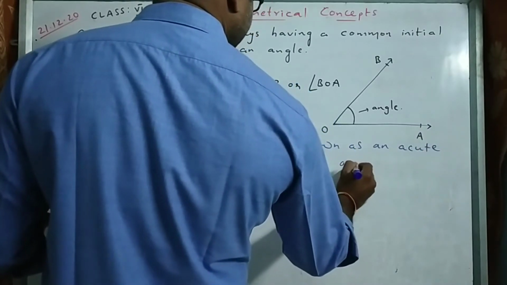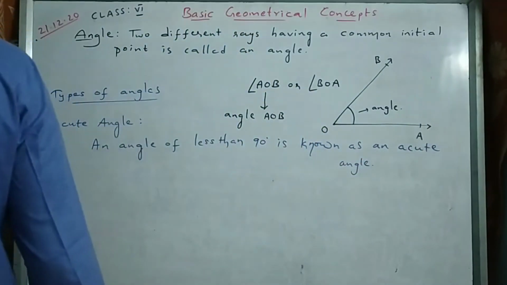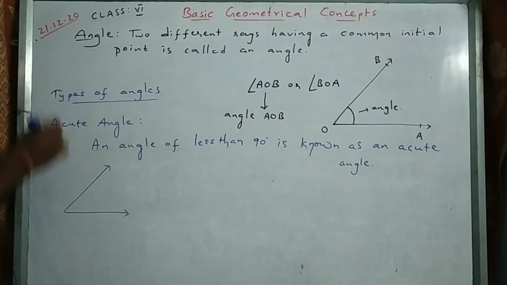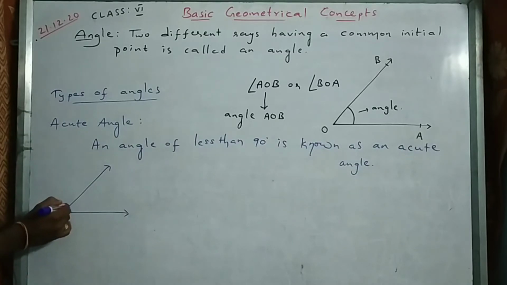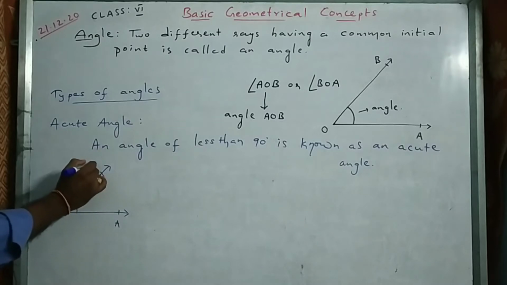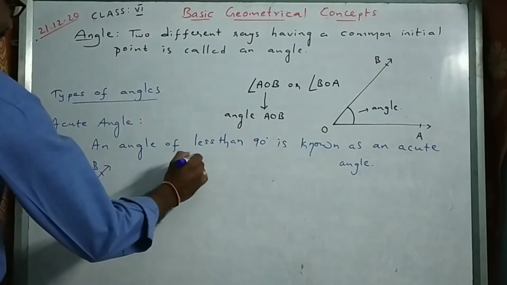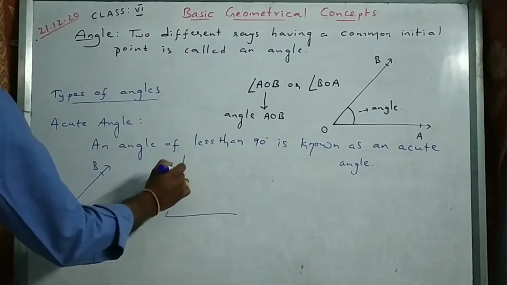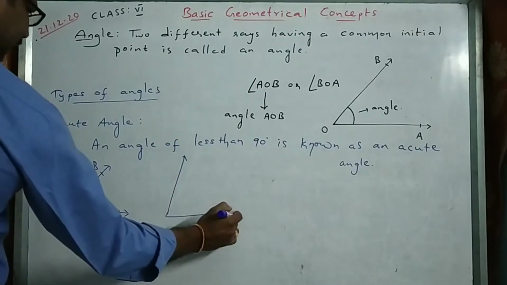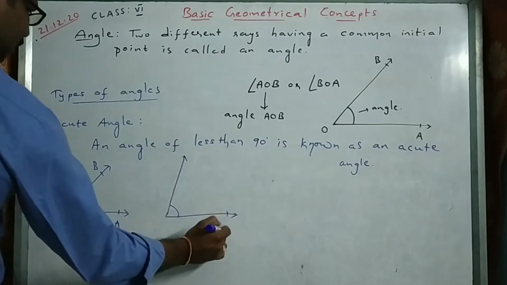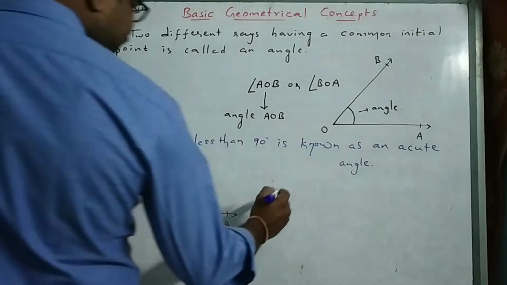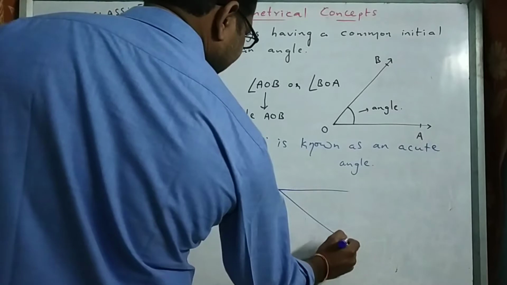An acute angle is below 90 degrees. For example, you take like this. 90 means exactly straight like this. So this is AOB, an acute angle. Otherwise we can take like this also, a little like this, not straight, a little. So this is also an acute angle. Otherwise we can take downward also, no problem, like this.